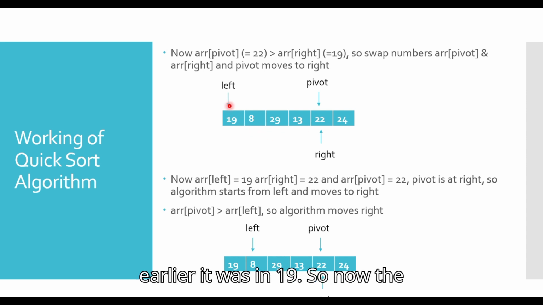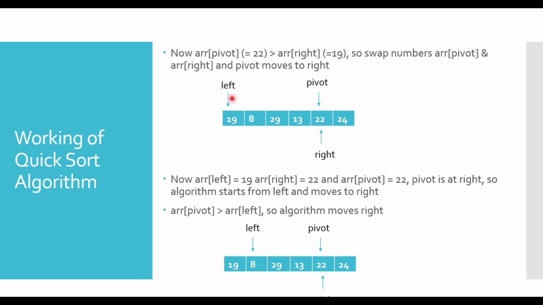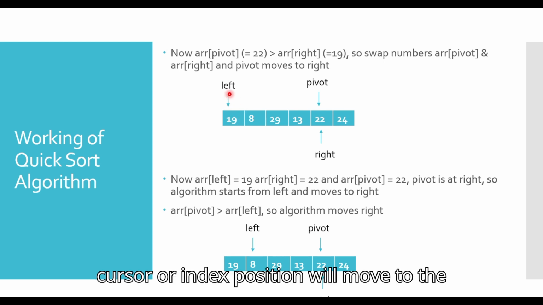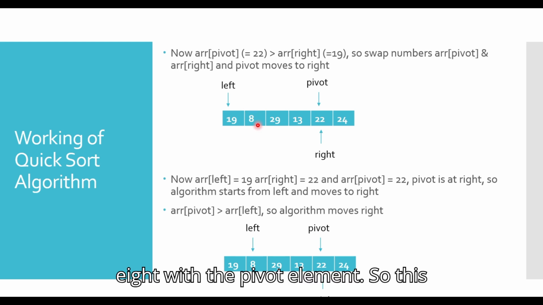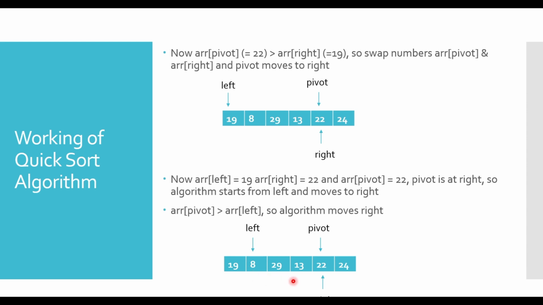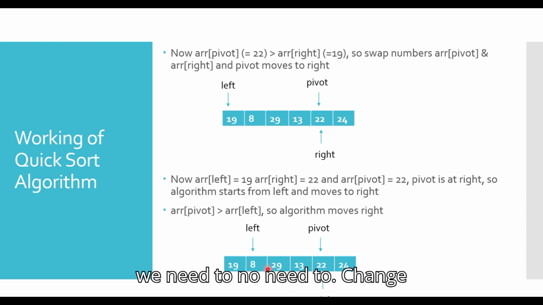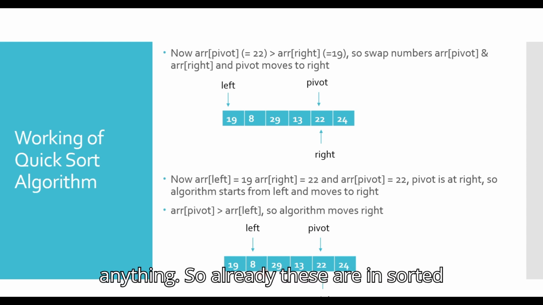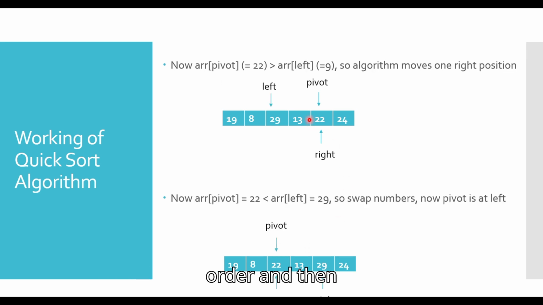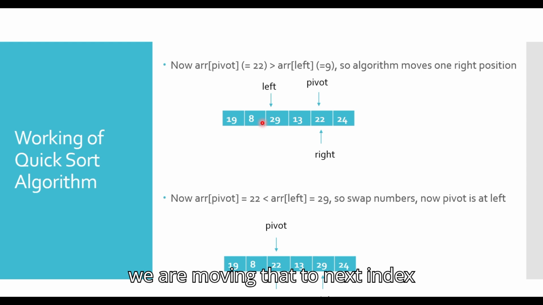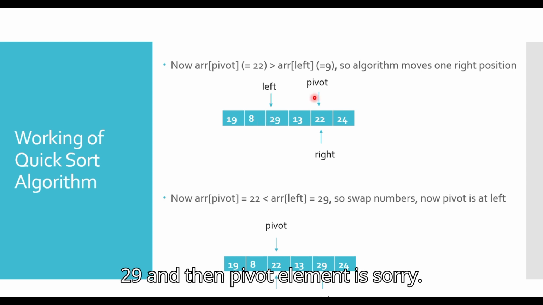Earlier it was at 19, so now the cursor moves to the right. Now I check 8 with the pivot element. 8 is less than 22, so there is no need to change anything. These are already in order, and then we move to the next index, 29.